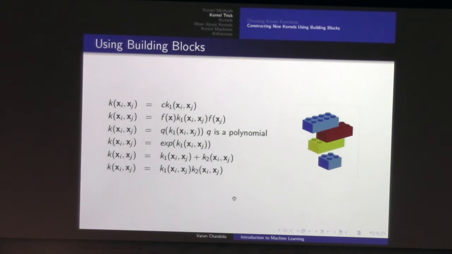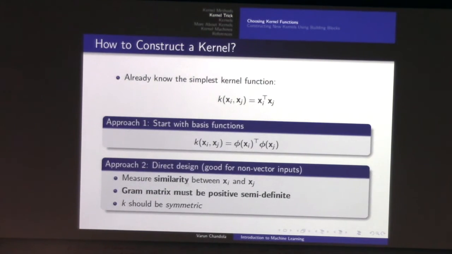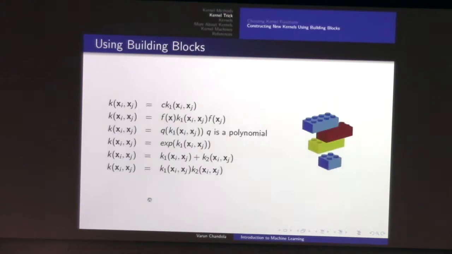And then I also talked about the question, how do we design new kernels? You can come up with any kernel function, but then you have to prove that these two properties are true, right? However, there are some rules that you can use. There are some kernel functions that people have already come up with, and they have already gone through the trouble of proving that they are valid kernels.